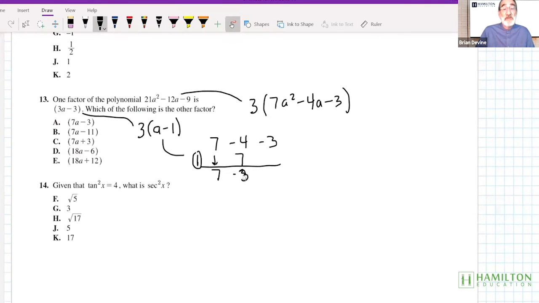And 1 times -3 is -3, and I can see that my remainder is 0, so that implies that I could have written this thing as 3 times a minus 1 times 7a plus 3. And I can see that C then is the correct answer.